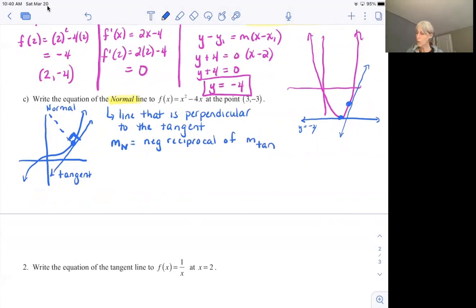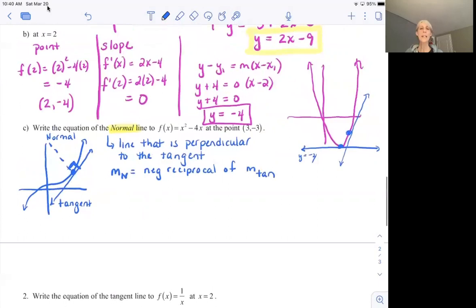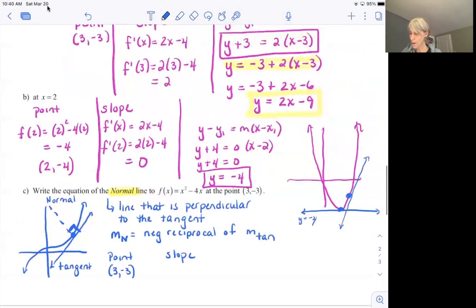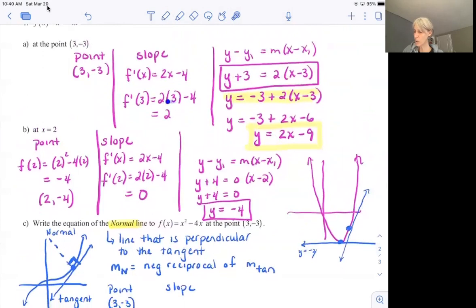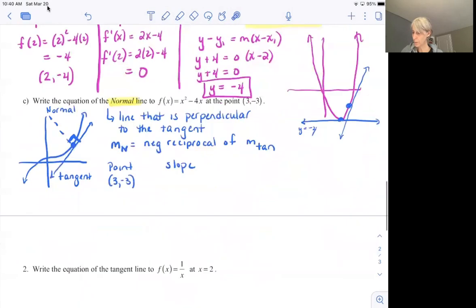So if we're writing this at the point (3, -3), well, we already have the point. We have the slope of the tangent from above. The slope of the tangent line at this point was 2. So the slope of the normal line will be -1/2.